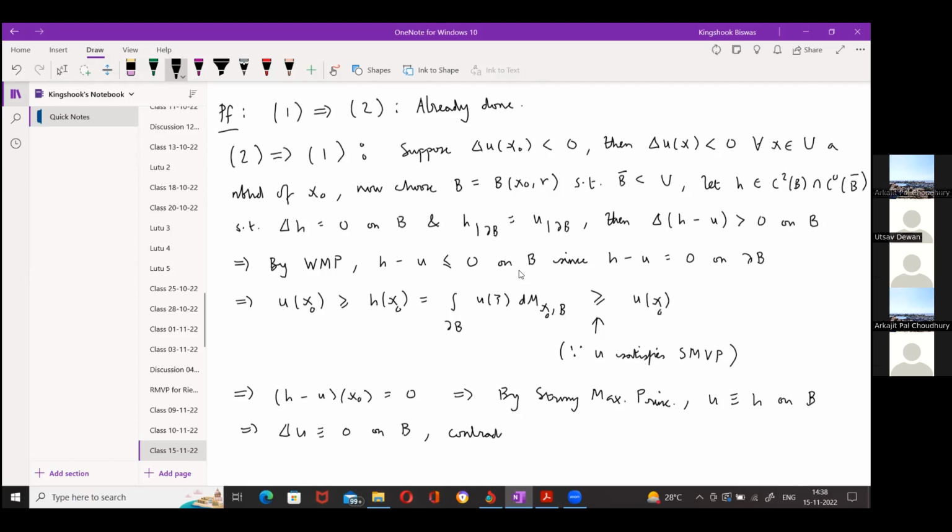Because we assumed the Laplacian of U was strictly negative on this ball B. Okay, so that finishes the proof.